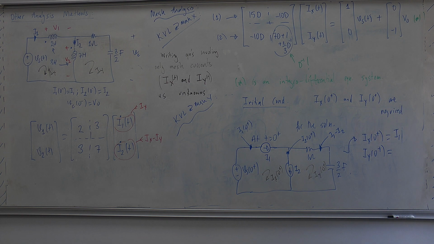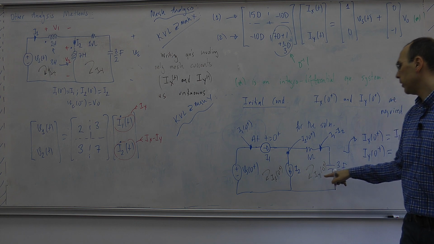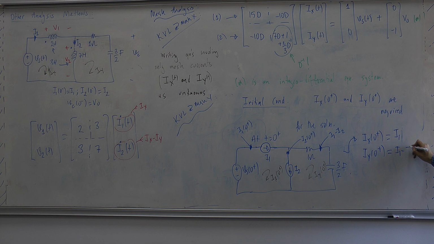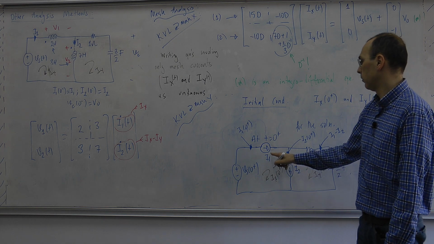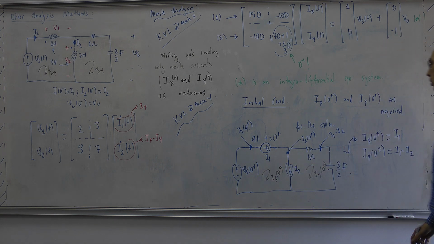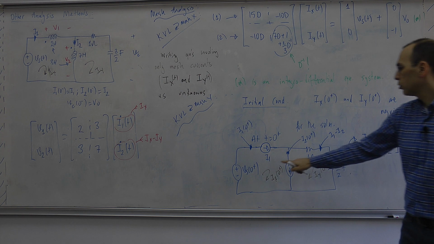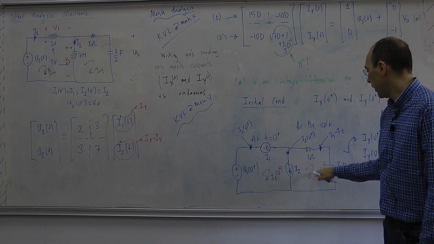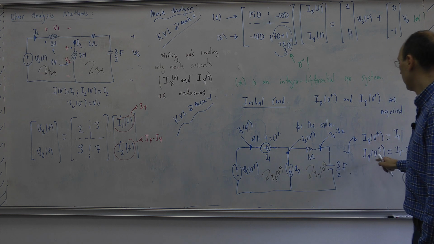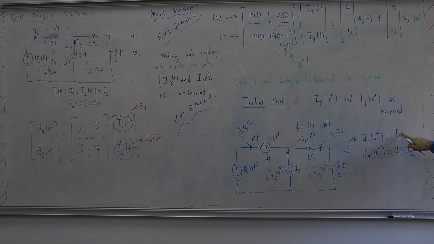Okay, that's easier. I1 minus I2 is Iy 0 plus, because I have current sources right now. Let's check. This mesh current minus this mesh current should give me I2. This is the first one minus, yes, it is correct.